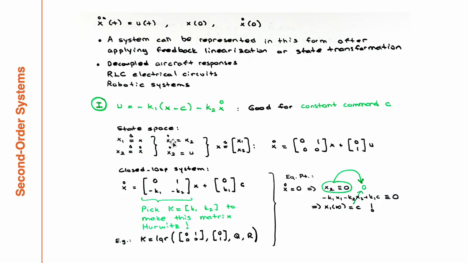Then you differentiate: x1 dot becomes x dot, which is x2, so x1 dot becomes x2, and x2 dot, if you differentiate x dot, what is x double dot? It is u, so x2 dot becomes u. So if you denote the state vector as x1 and x2, then you can write the same system that you see on the top into the state space form, with matrices 0, 1, 0, 0, and 0, 1.